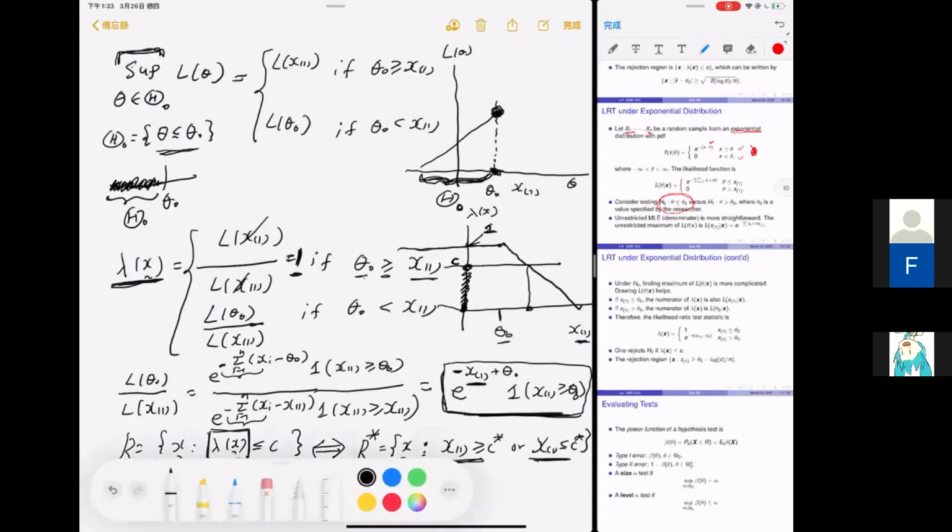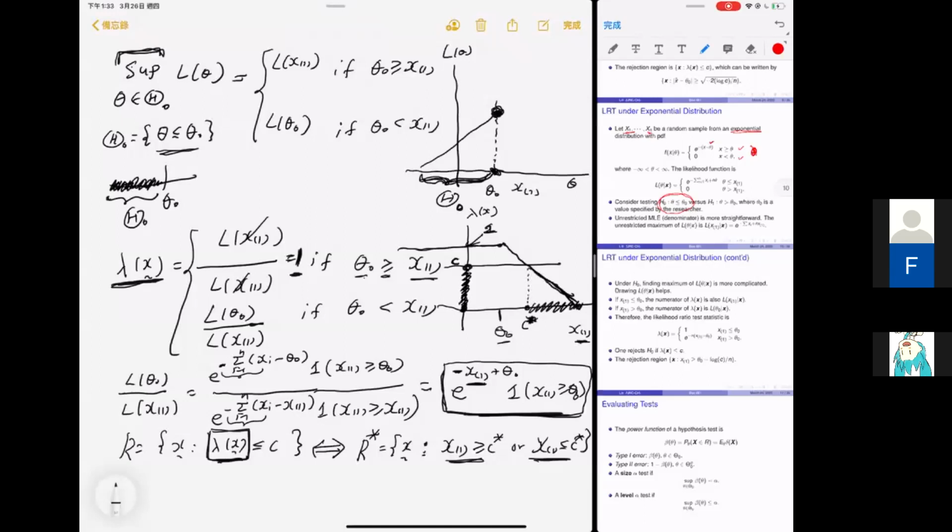Let me use dots. Then this guy right here is my c star. Okay, and then lambda x smaller than c maps into this line, and this line maps into this region, which is my critical region.